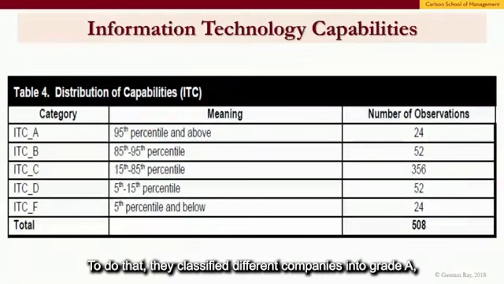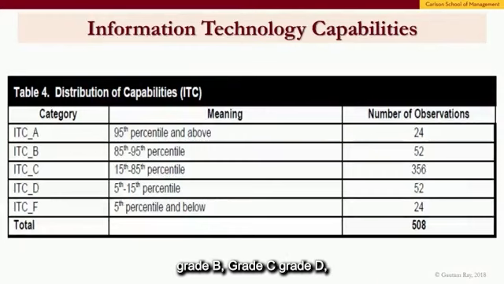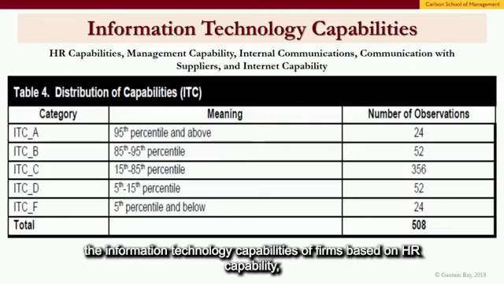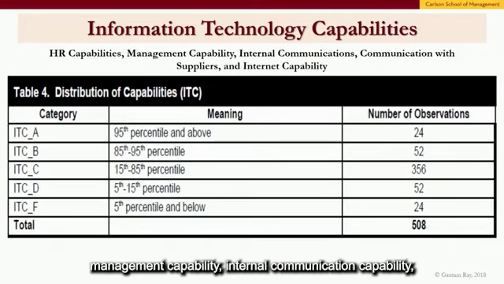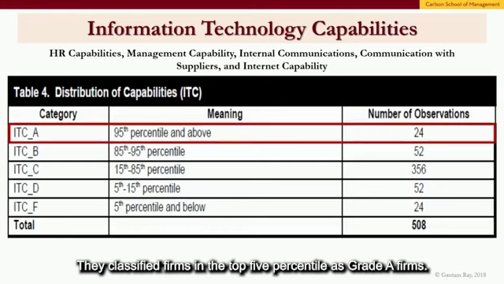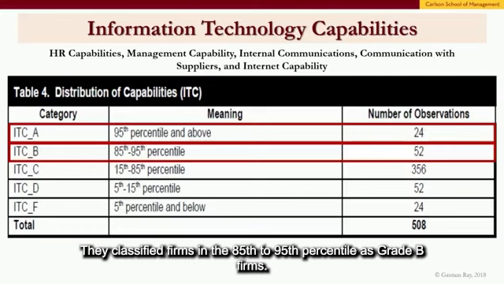To do that, they classified different companies into grade A, grade B, grade C, grade D, and grade F. They assessed the information technology capabilities of firms based on HR capability, management capability, internal communication capability, communication with suppliers, and internet capability. They classified firms in the top 5 percentile as grade A firms. They classified firms in the 85th to 95th percentile as grade B firms.